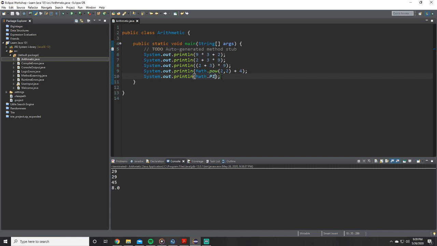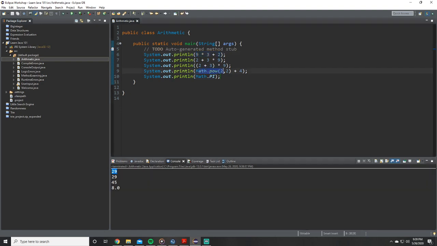So if we see up here, 9 times 3 plus 2, 2 plus 3 times 9, 2 plus 3 times 9 all in parentheses. And then once we get to Math.pow, you can see the differences. Here we're working with pure integers. Therefore, our result is a pure integer. The compiler just assumes it's going to be an integer.